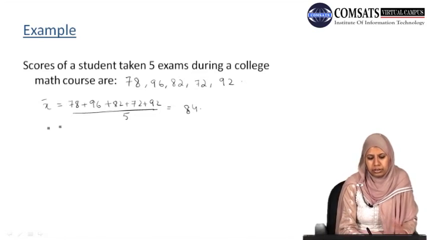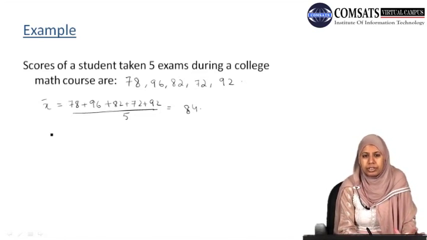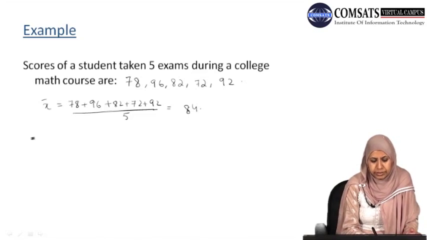Okay, we have said that the average deviation from the mean is always equal to 0. Let us see in this example what the average deviation will be.